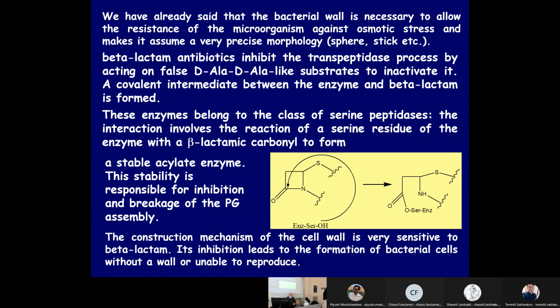So penicillins are able to block the formation of this particular bond between the two chains of peptidoglycan. This means that this ring is very reactive. This carbon atom is a strong electrophile that can be attacked by a strong nucleophile as a serine residue.